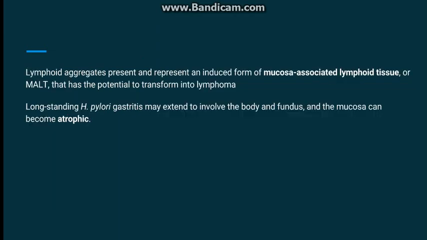Now we already understood that there can be an increased number of lymphocytes, and these lymphocytes can increase so much that they can form lymphoid aggregates, and these lymphoid aggregates can form an induced form of mucosa associated lymphoid tissue, that is MALT, and this is responsible for lymphoma further. So H. pylori is responsible not only for gastritis, it is also responsible for adenocarcinoma of the stomach and also for lymphoma, also called maltomas.